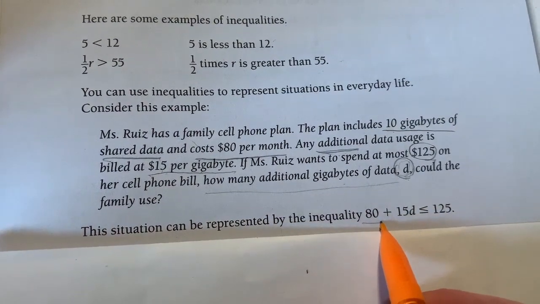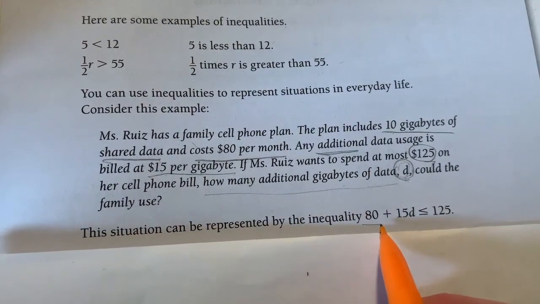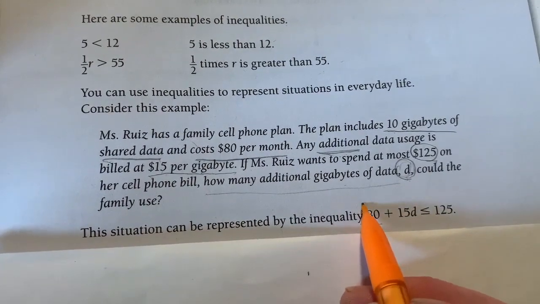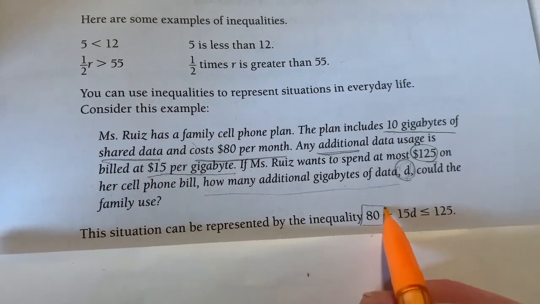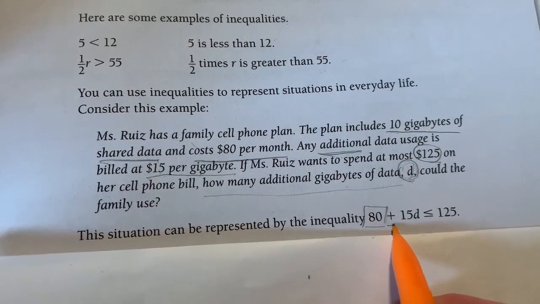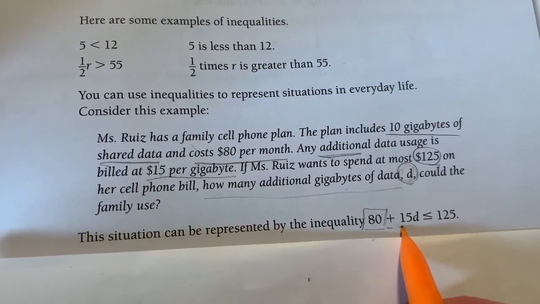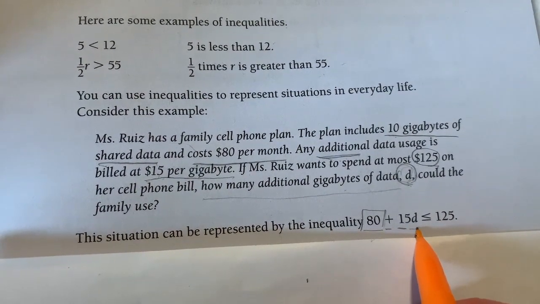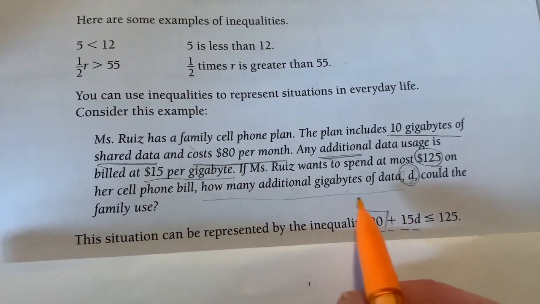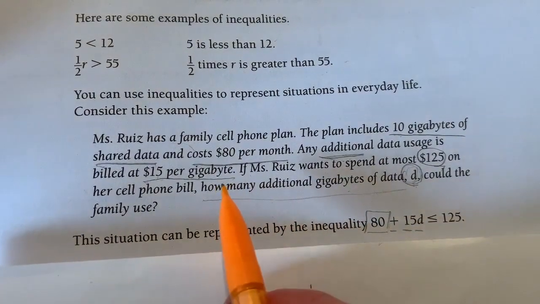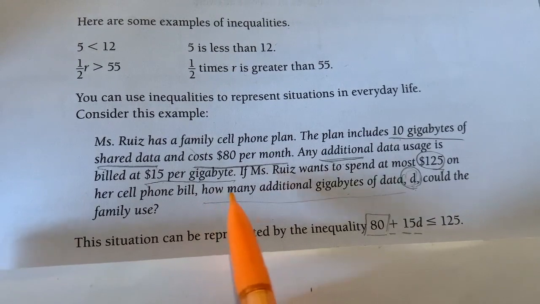Because the bill is $80 flat fee, we're adding a one-time fee of $80. We're adding together the $15 times however many additional gigabytes.